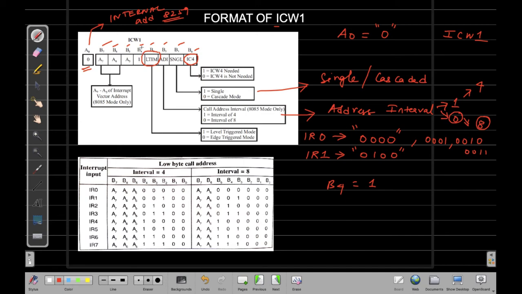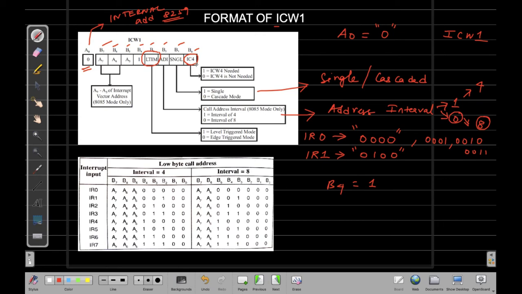Then talking about the bits B5, B6 and B7. These are the vector address of the subroutine which we are going to call. Whenever an interrupt request is raised, a call instruction will be written in the program.